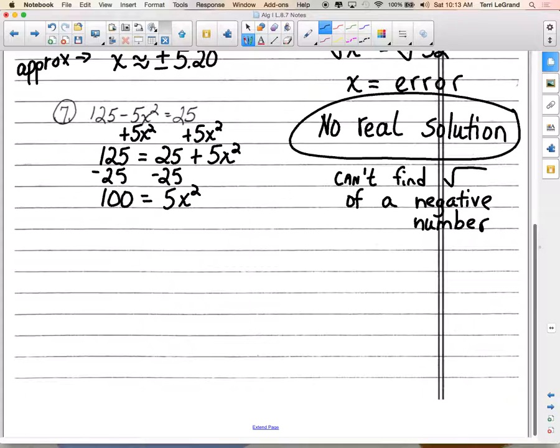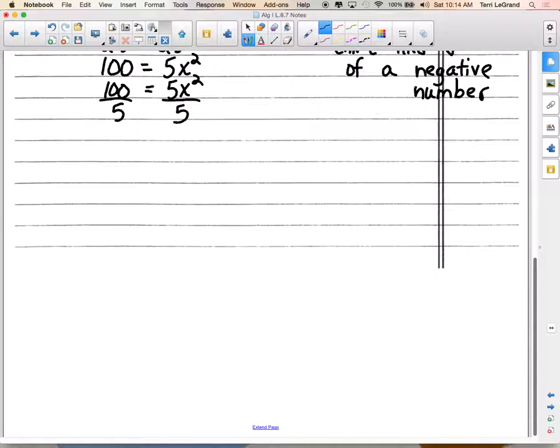Life seems pretty good right now because 100 is a perfect square. Oh, it doesn't matter. Our a isn't 1. We have to divide both sides by that a value of 5. And now we actually have to wreck things because 100 divided by 5 becomes 20, which is not a perfect square.